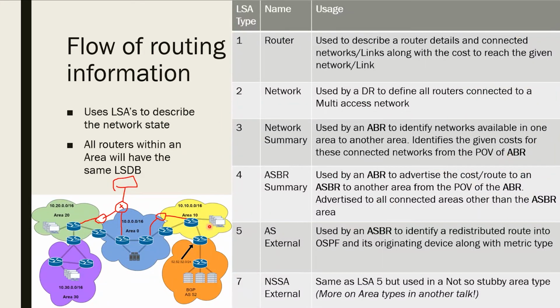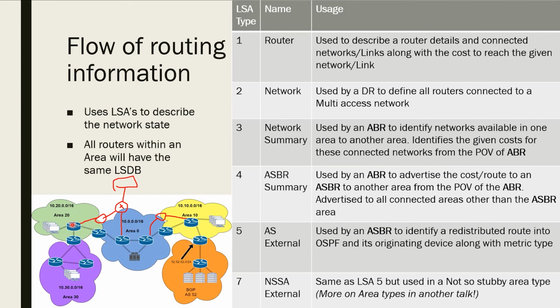So, just logically talking through this diagram over here, let's say we have a subnet in area 20, this one here. This device here will know about this subnet because it's locally connected. As a result, it'll populate its own type 1 LSA for its own device with that connected network and a cost to reach it.